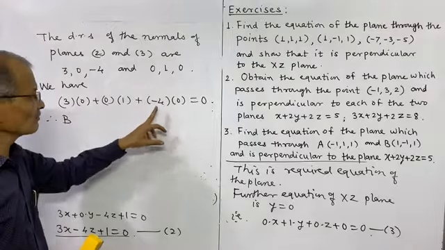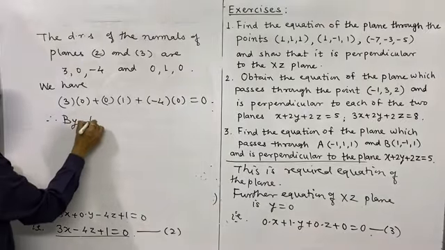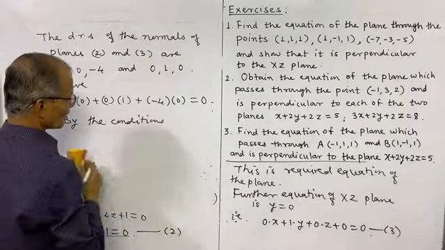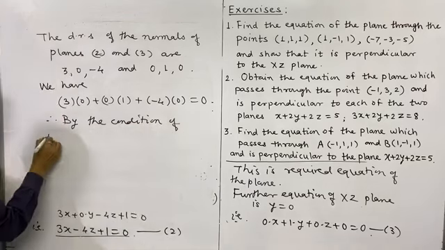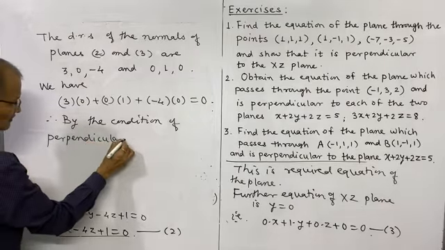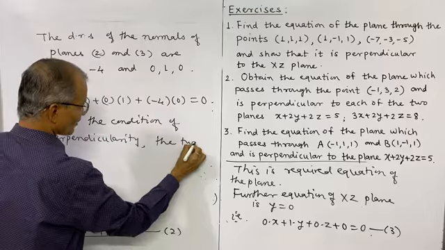So we have seen this condition of perpendicularity: a1 a2 plus b1 b2 plus c1 c2 is equal to 0. Therefore, the two planes are perpendicular.